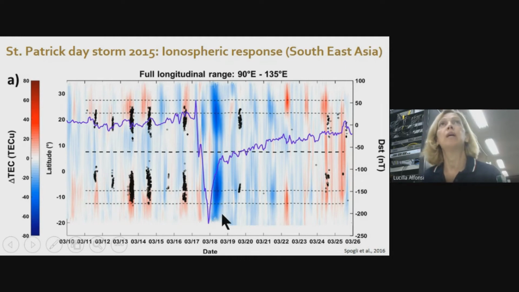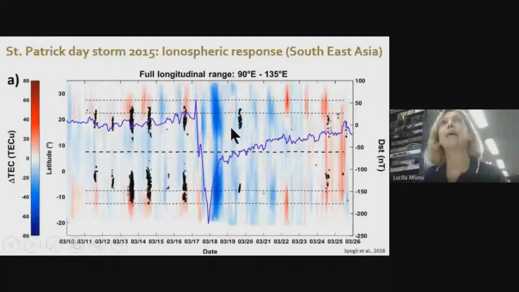I mean that we observed a deviation from the quiet condition, and this negative storm lasts for some days for the bulk of the recovery phase of the storm, and then there is a recovery to the Equatorial Anomaly configuration typical of the quiet times.